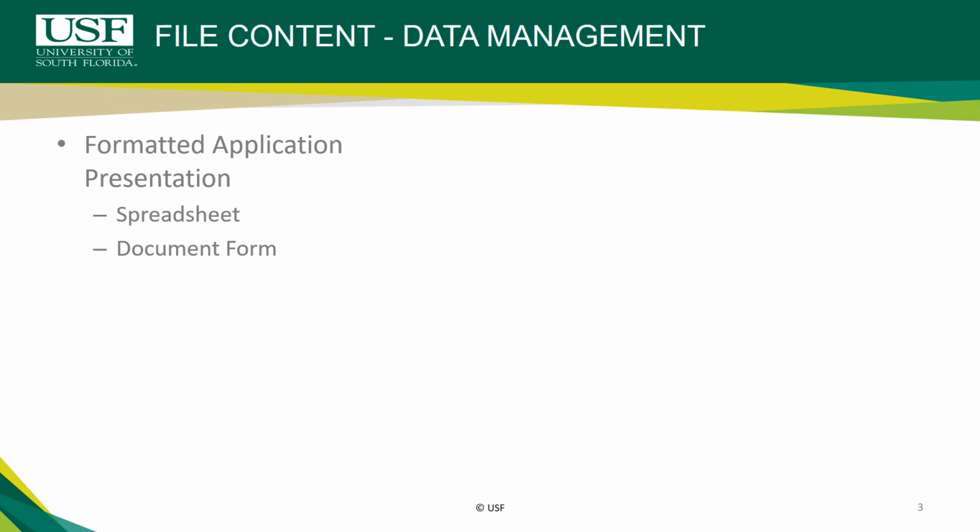So let's think about the characteristics of a spreadsheet or of a document form, because we can start applying the document form rules when we start thinking about scanning and optical character recognition.